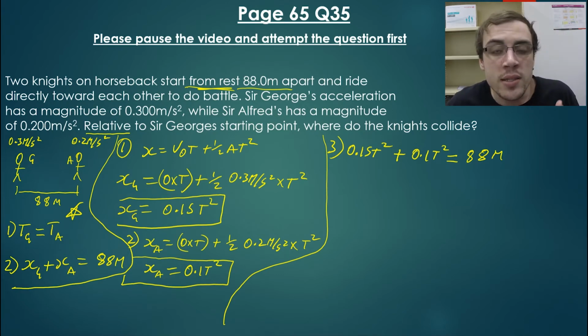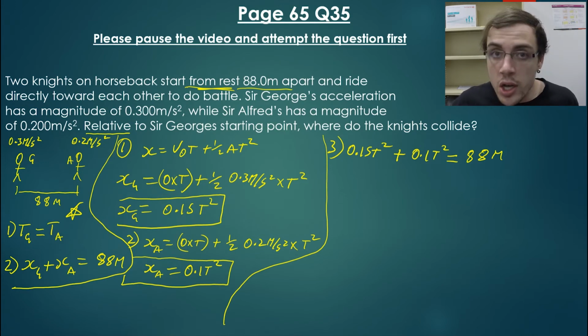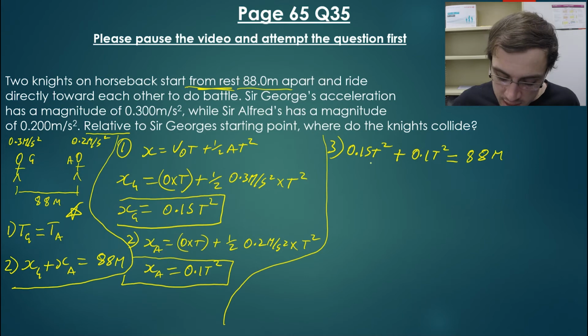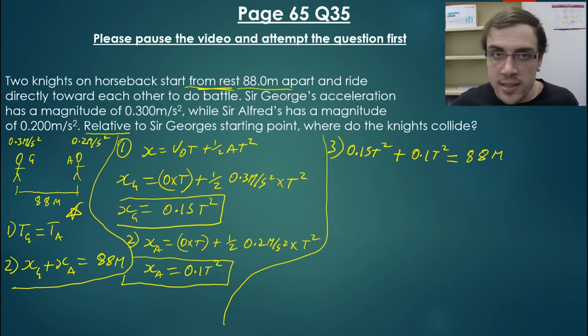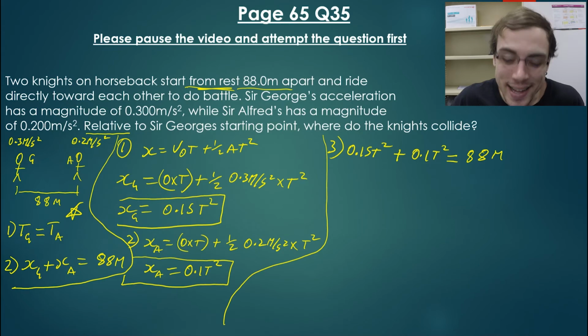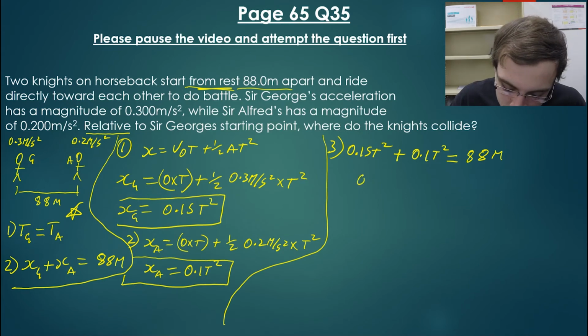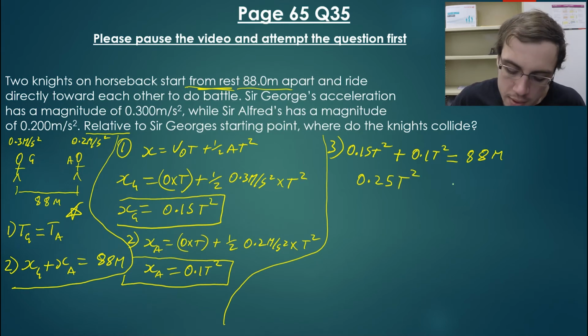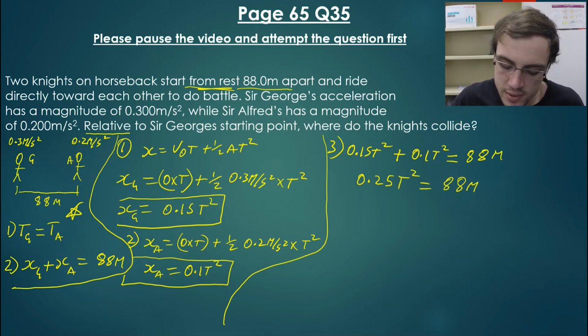We know that time t is going to be the same for both people. So this t here is the exact same as this t here. They're one and the same, they're identical. So we can simply add them together. So we get 0.25 t squared is equal to 88 meters.